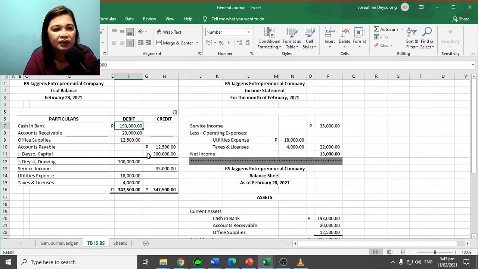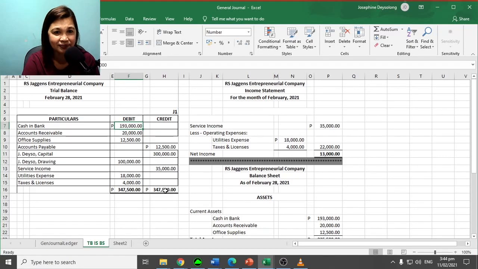J-Day-So Capital has a credit side of 300,000. J-Day-So Drawing, a debit side of 100,000. Service income, credit side of 35,000. Utilities expense, 18,000 debit side. Taxes and licenses, 4,000 debit side. Then it should be balanced. Total balances of debit is 347,500 and credit side has a balance of 347,500. So, that is why it's called trial balance. It should balance both debit and credit.